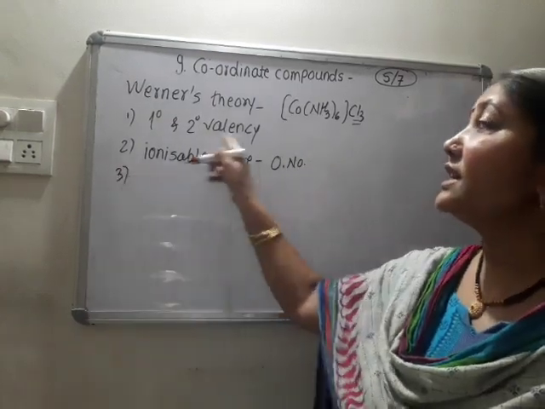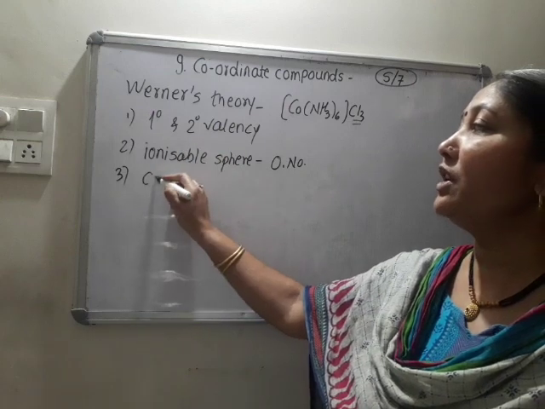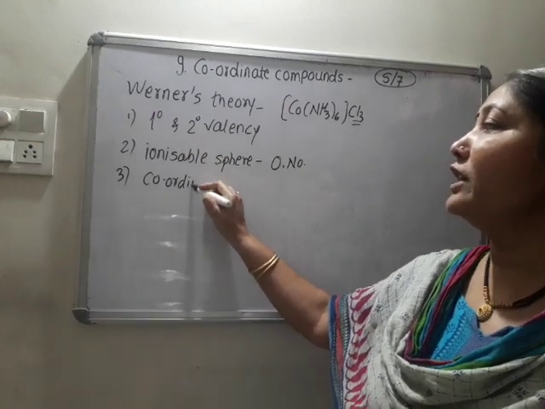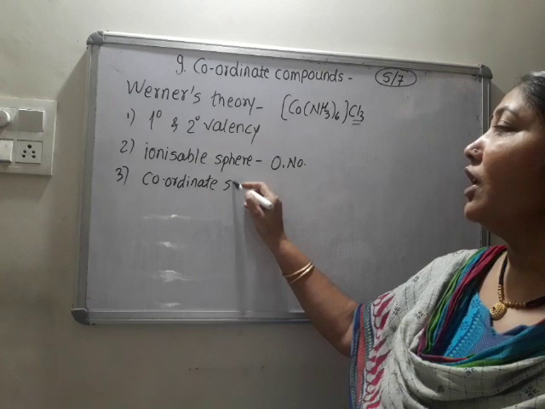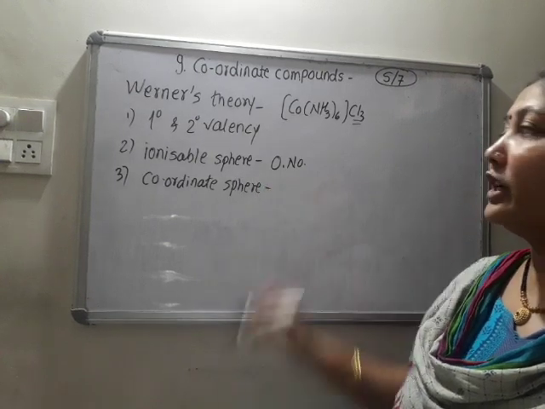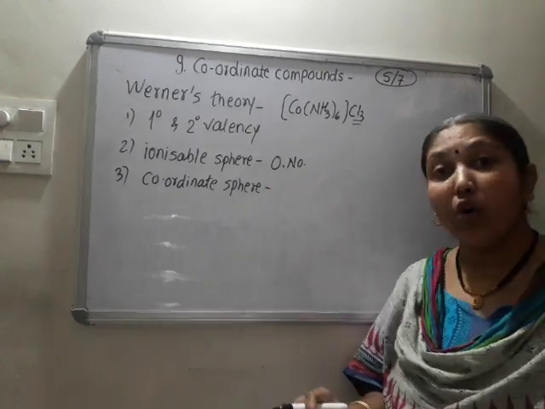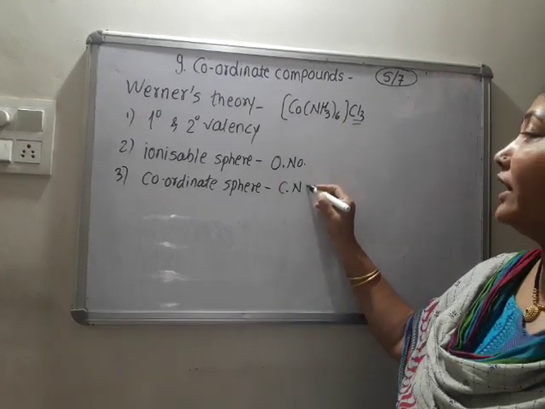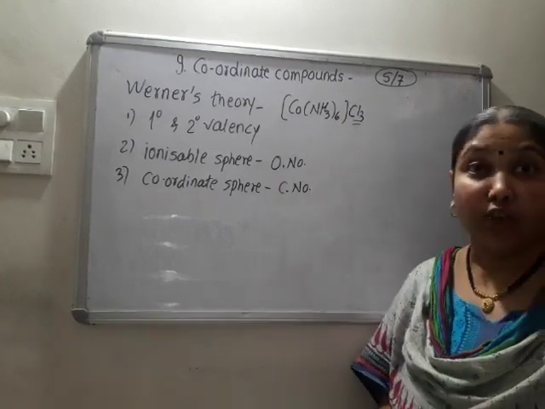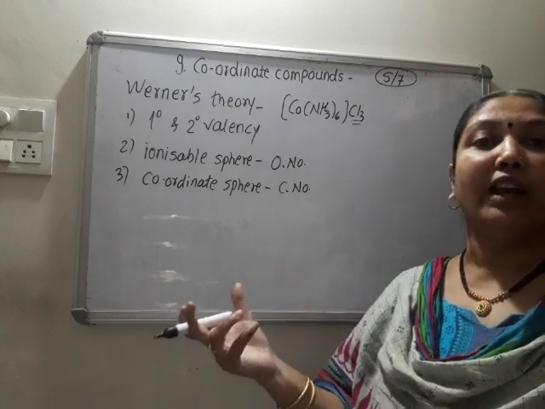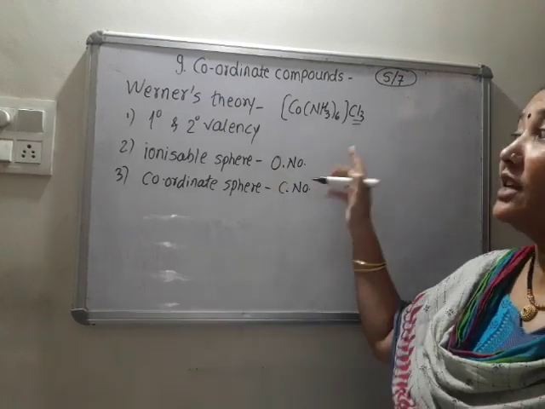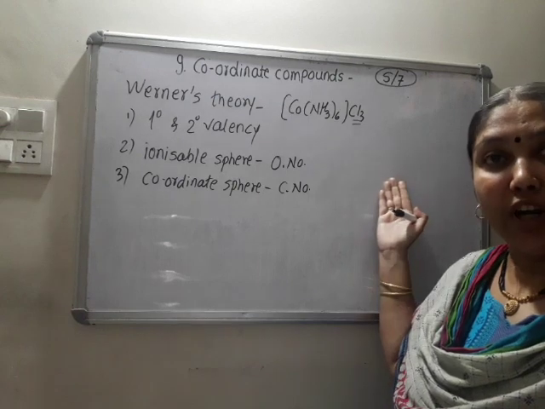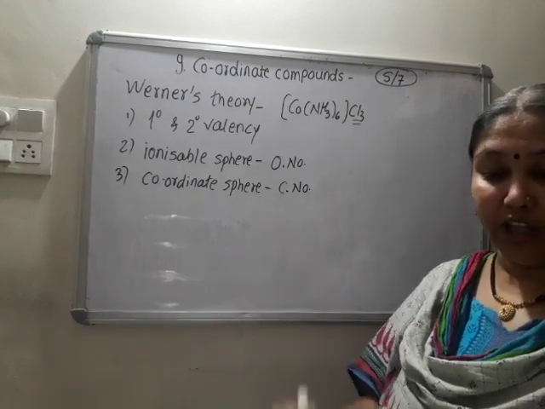Third one is the secondary sphere, also called the coordinate sphere. What is the coordinate sphere? The valency which is not dissociated, related to the coordination number, is tightly held by the central metal. Here it is ionized and can be separated from the metal. This is the main difference.